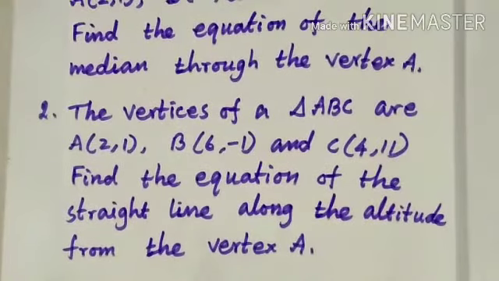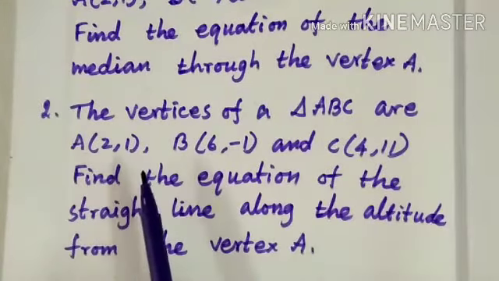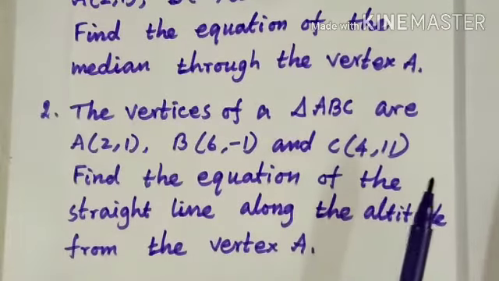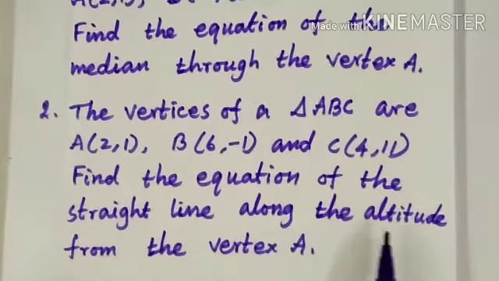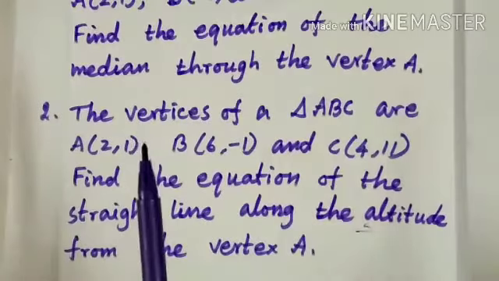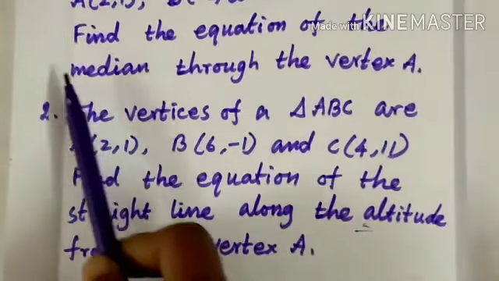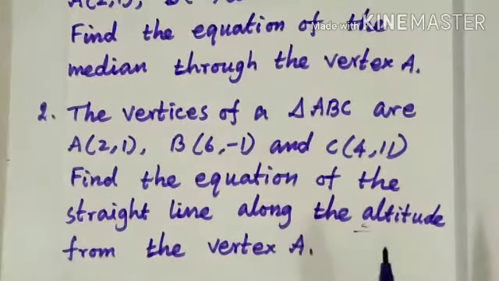See the next question. The vertices of triangle ABC are A(2, 1), B(6, -1) and C(4, 11). Find the equation of the straight line along the altitude from the vertex A. Here we have to find the equation of the altitude. Remember, altitude means you have to find the slope and median means you have to find the midpoint.